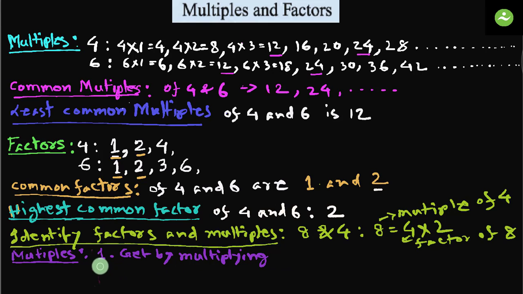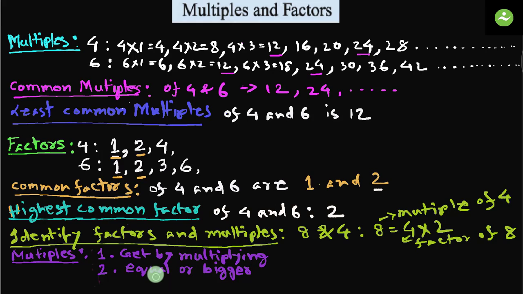Number 2, multiples are always equal or bigger than the number.